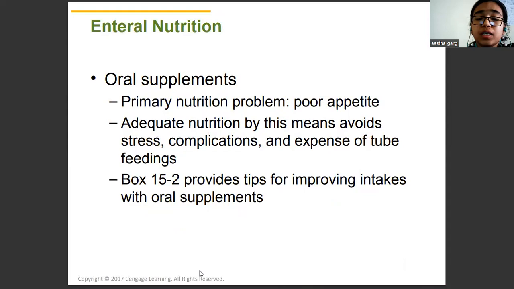Next, we would be dealing with each method of nutrition in detail. The first is enteral nutrition. See, I guess it would be clear to you that these nutritional support systems are only provided in cases when the patient is not in the condition of taking meals or digesting them.